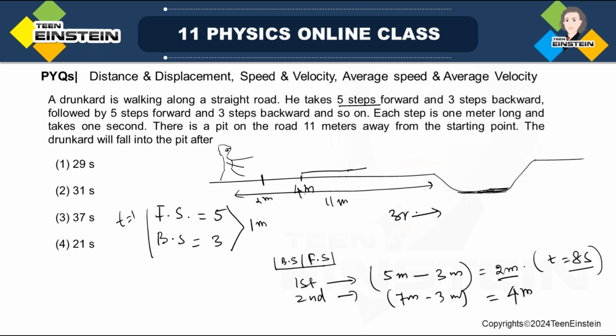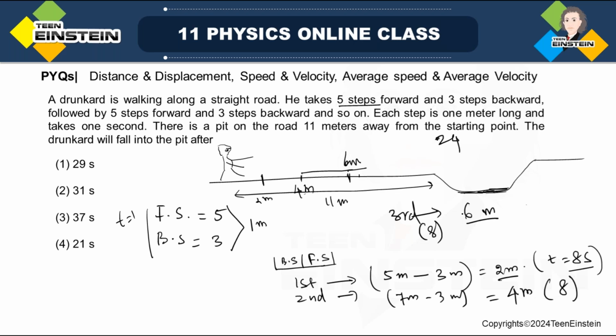After the third attempt, he reaches 6 meters. Now, how much time has elapsed? The third attempt also takes 8 seconds, so a total of 24 seconds has already elapsed.